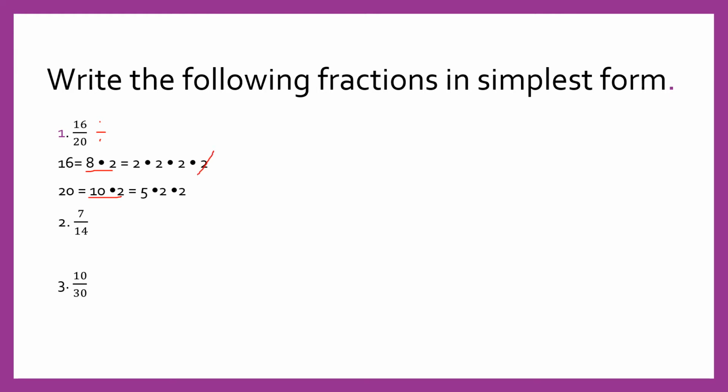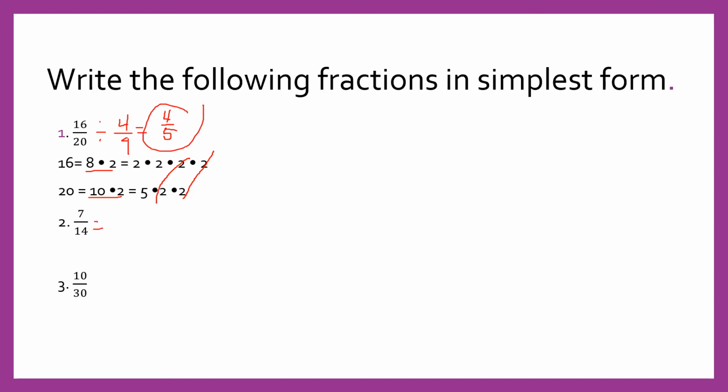So, cancel natin to. Ano natira? 2 times 2 is 4. The greatest common factor is 4. Divide natin pareho sa 4. So 4/5 is the final answer.